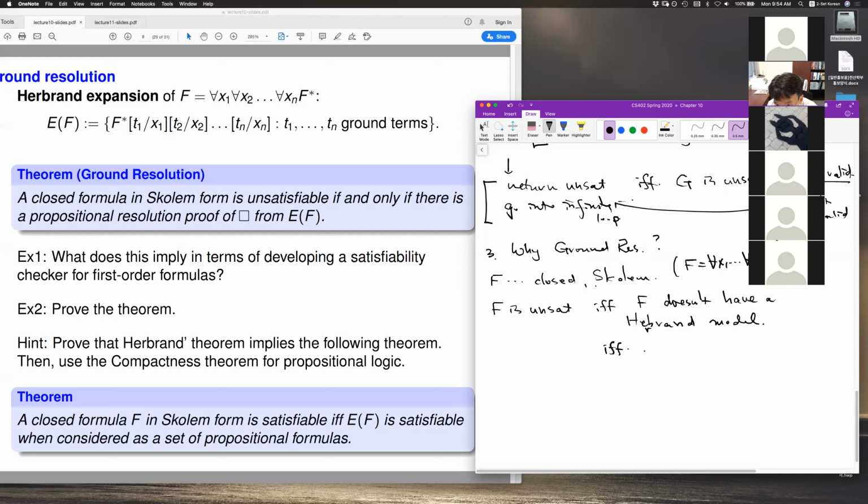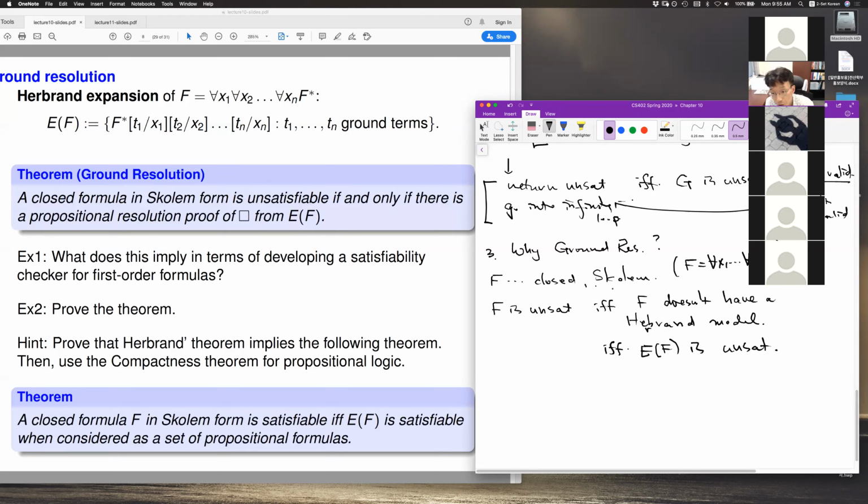some finite subset of the expansion of F, E of F, is unsatisfiable.